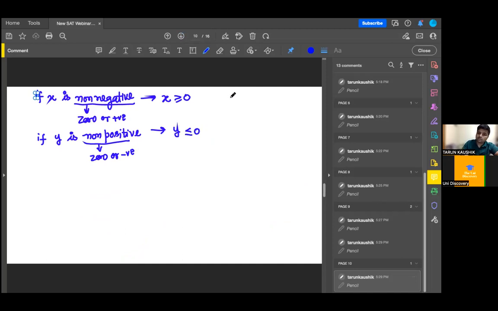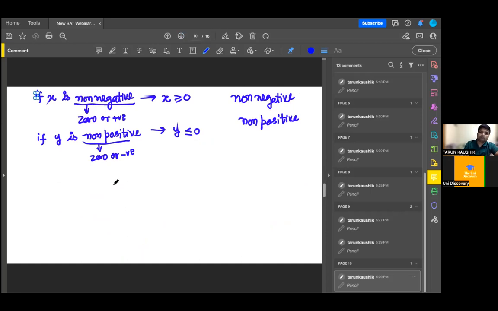So what did I see over here? These two words hidden in the question, non-negative and non-positive. Focus on these kinds of words. Non-negative does not mean it has to be positive. We have seen the reason why. Similarly, non-positive means it can be 0 or less than 0.